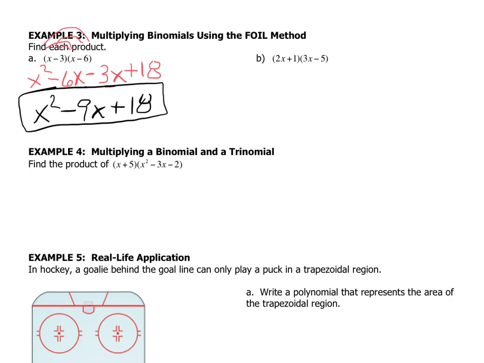For letter B, again, the same exact pattern. We're going to do 2x times 3x for the F, or first, which is going to be 6x squared. Then we're going to do the outer terms, so the 2x times the negative 5, which is a negative 10x. Then the inner terms, 1 times 3x, which is 3x.